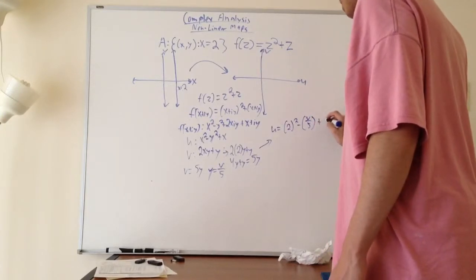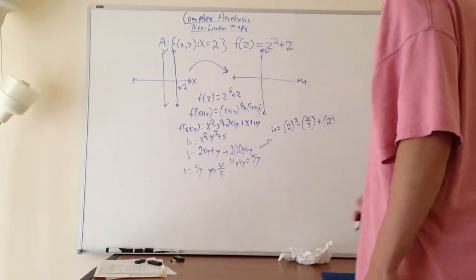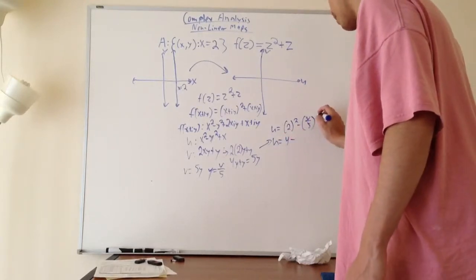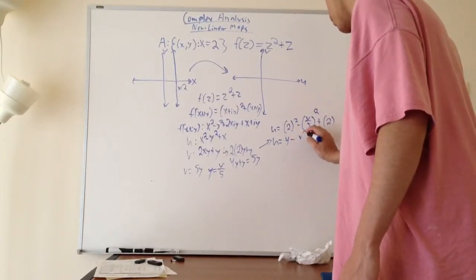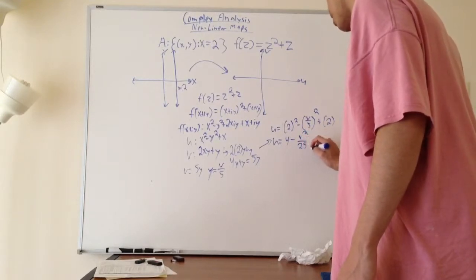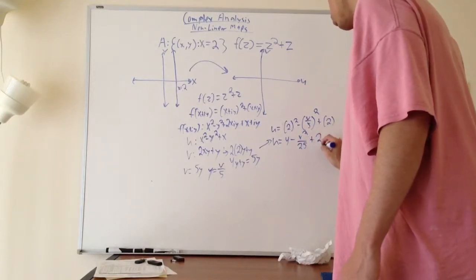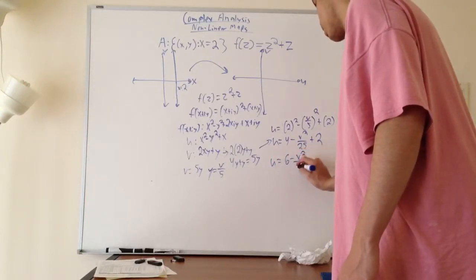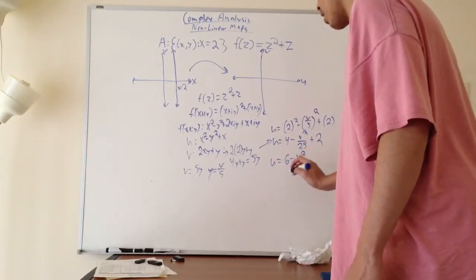And then we add our x, which again is just 2. And so our u here is going to be 4 minus v squared over 25 plus 2, and that can be simplified to 6 minus v squared over 25. And this is our u.